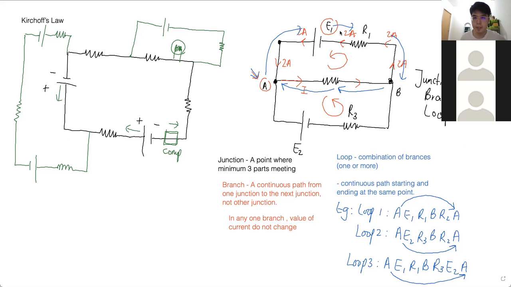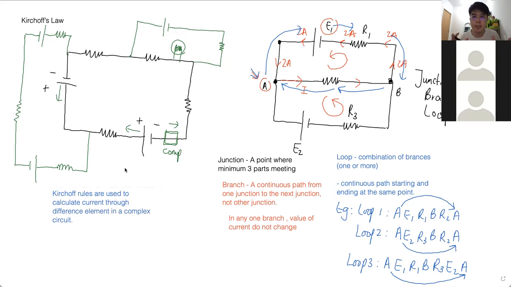Okay, so now junction, branch, and loop, you need to be able to differentiate. And also, what we understand about Kirchhoff's law. Kirchhoff's law or Kirchhoff's rules are used to calculate current through different elements in a complex circuit. The main purpose of Kirchhoff's law is to calculate current through different elements.